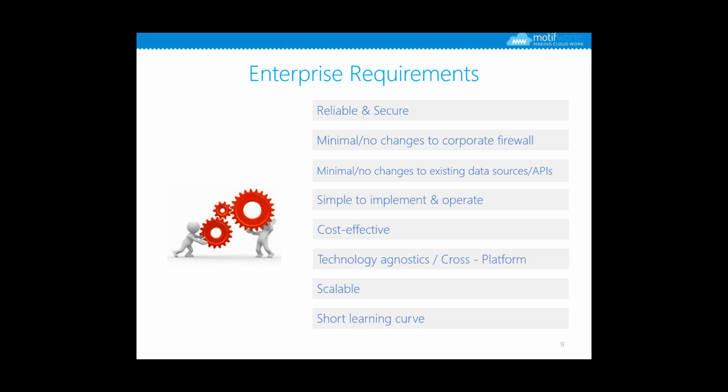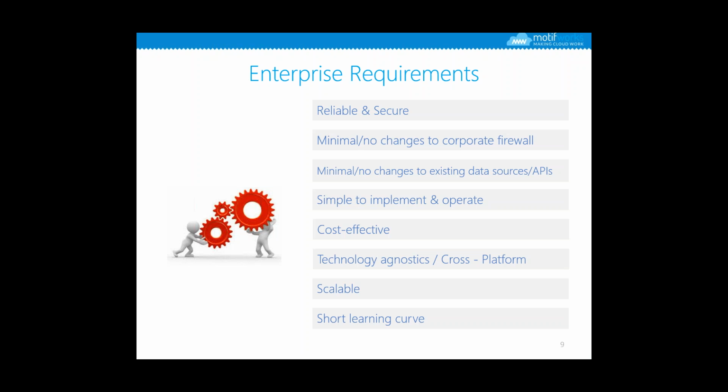So usually when we propose a solution, we may ask them to create a proxy to these data sources or change their APIs to support a new protocol. Enterprises would like to make no changes to their existing data sources and APIs, and want a solution that is simple to implement and cost-effective. And one important emerging enterprise requirement is that the solution should be technology agnostic or cross-platform.